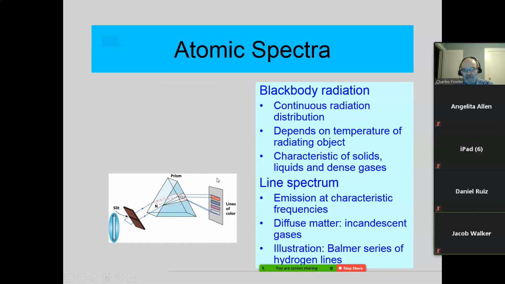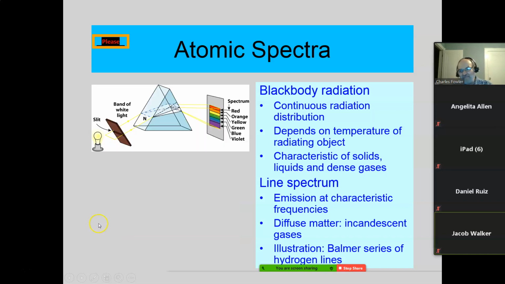Now this would be a tube, more than likely neon or something like this. You see this incandescent light bulb has a piece of metal in the middle of it.